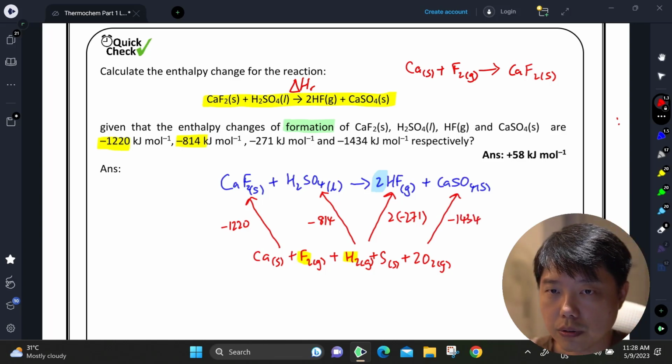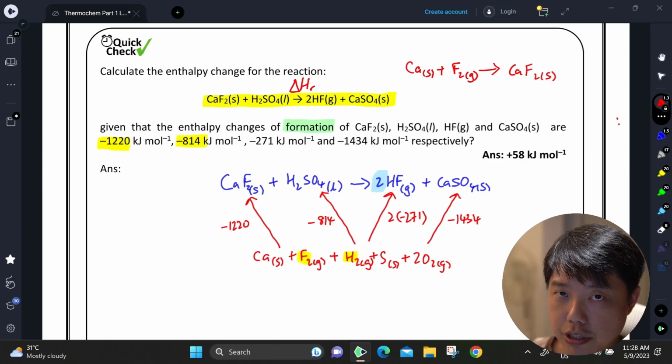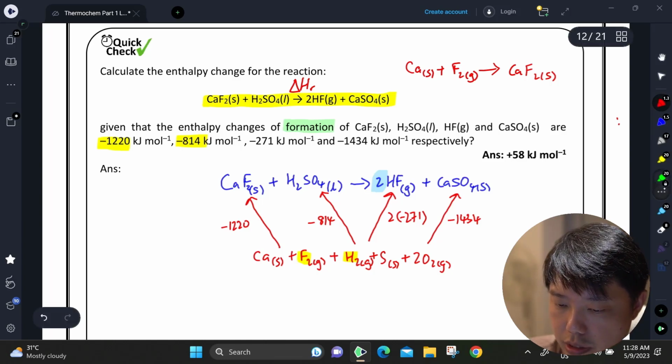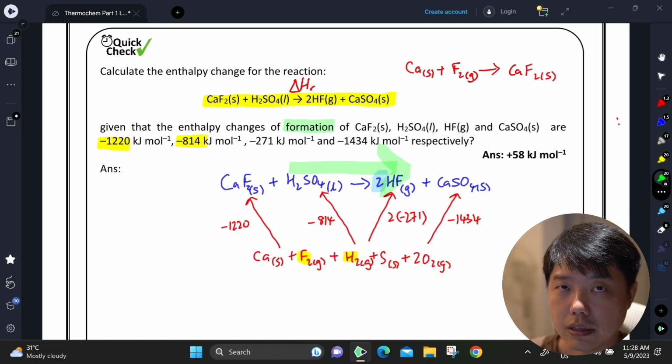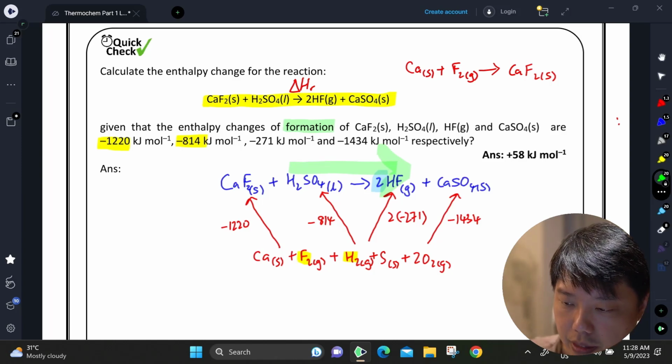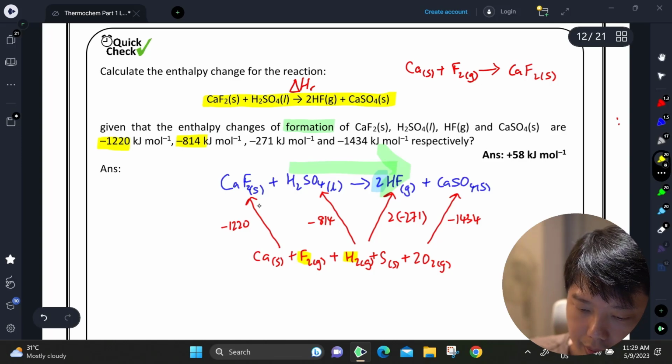Okay, so as always, Hess's law. What does it say? It says that the enthalpy change is independent of the pathway taken. So if this was the first pathway, this is the enthalpy change that we want. The second pathway will look like this.